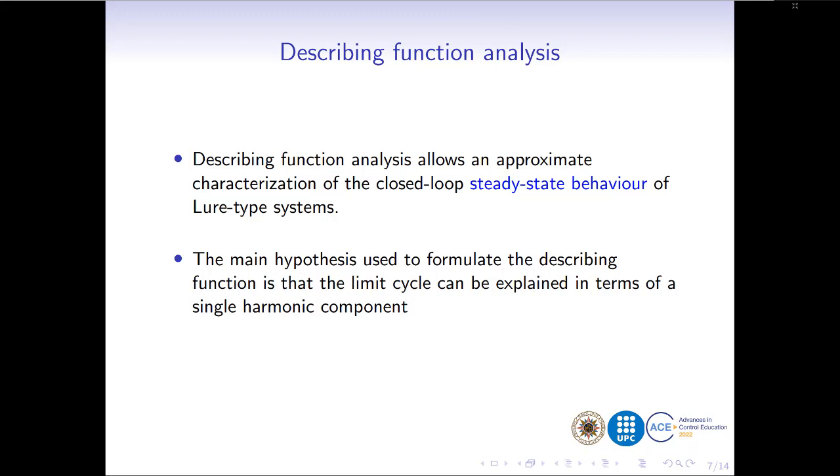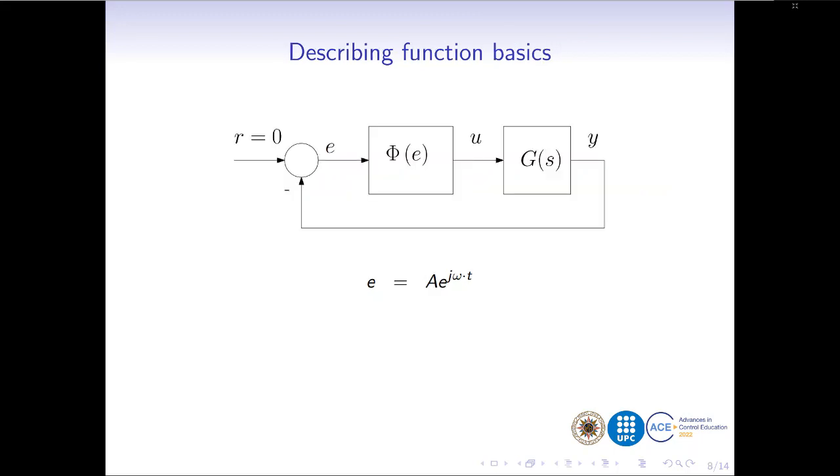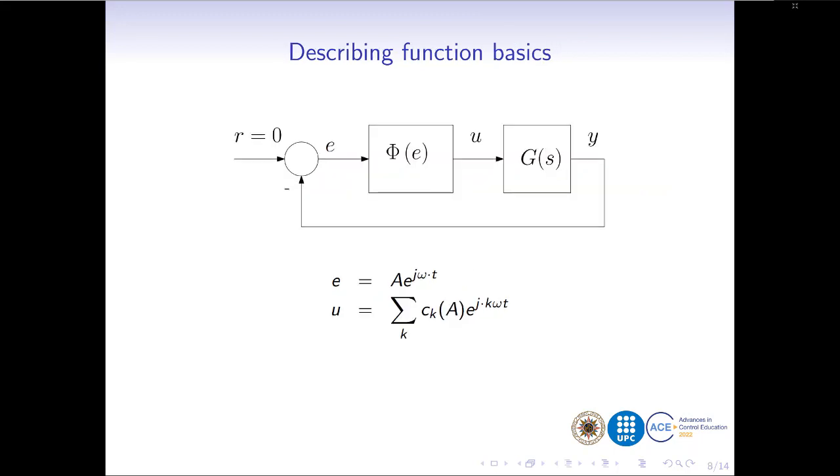The main hypothesis used to formulate the describing function is that the limit cycle can be explained in terms of a single harmonic component. Under this assumption, the output of the describing function, u, is assumed to be a periodic signal that can be written via its Fourier series, as shown.